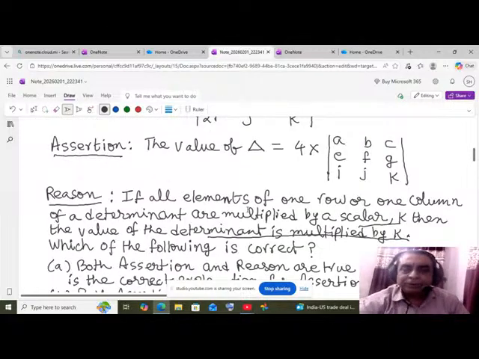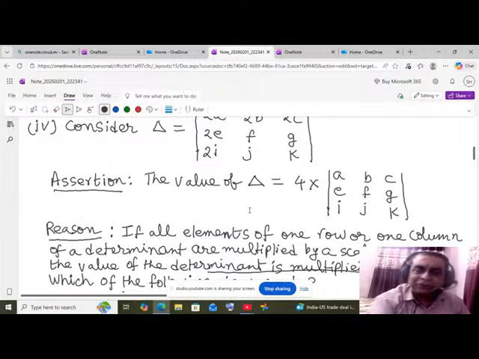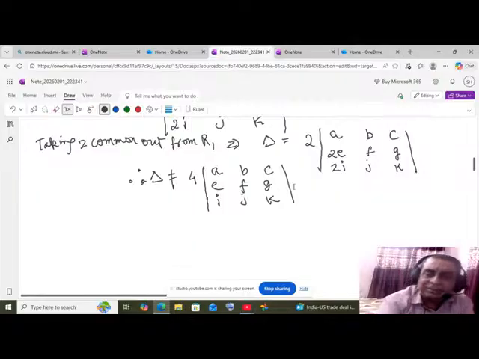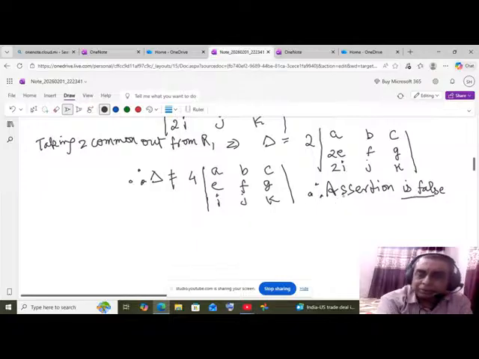In the question, the assertion says the determinant is equal to 4 times this determinant. So it is false. The assertion is false. This is the result.